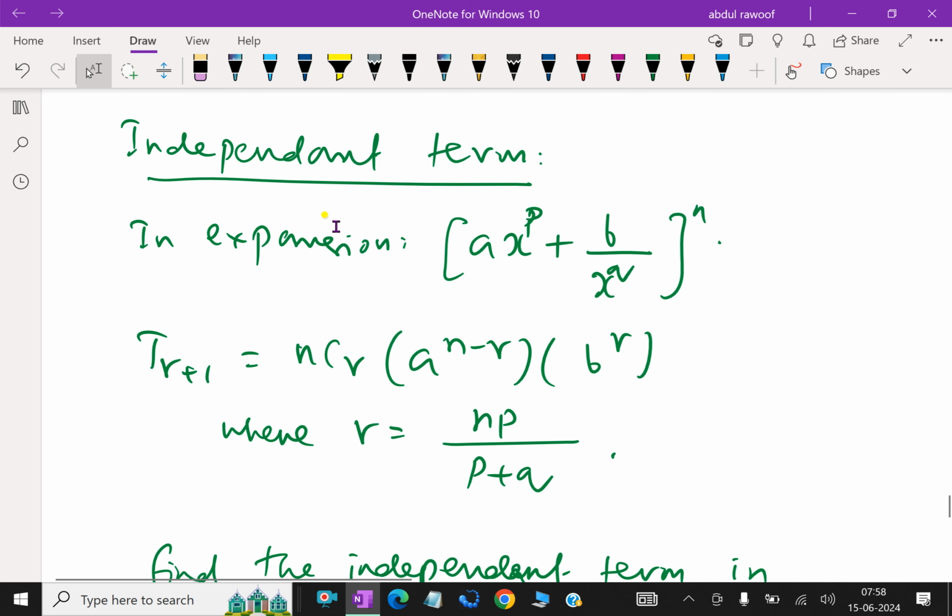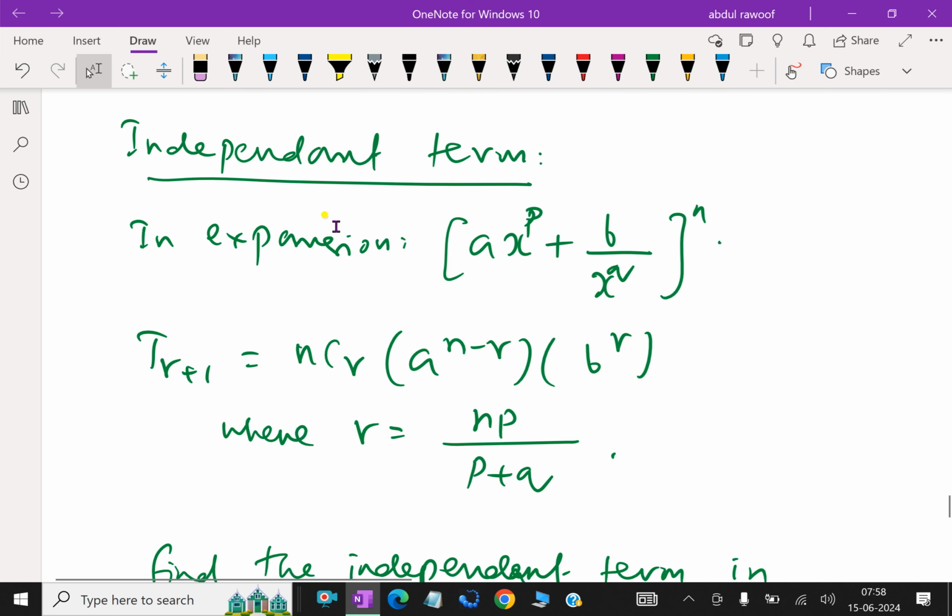Here that is t(r plus 1), nCr a power n minus r into b power r, where there is no x or y or any variable, only the constants a and b.